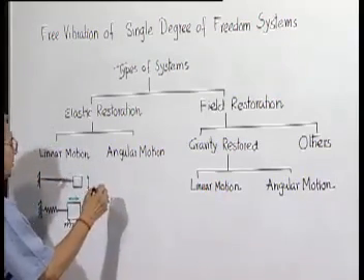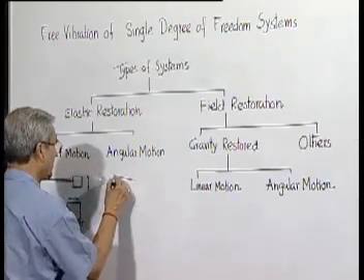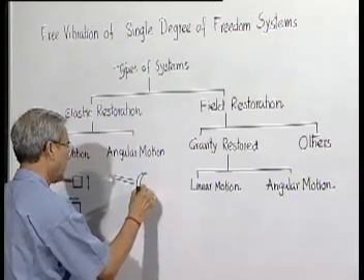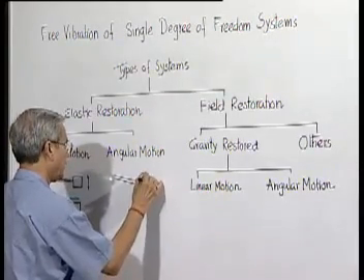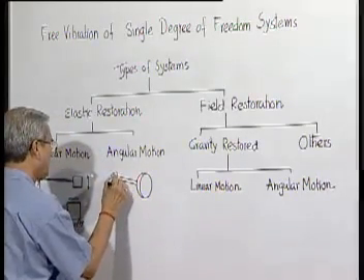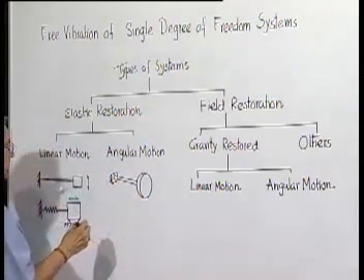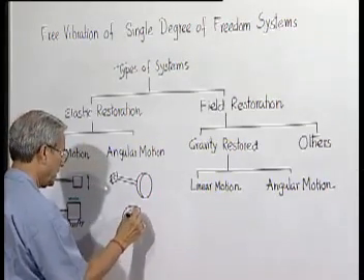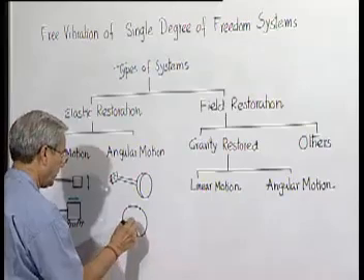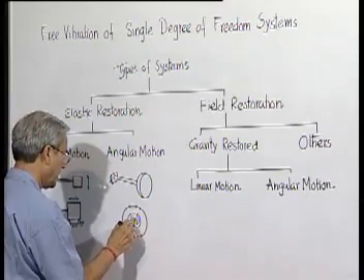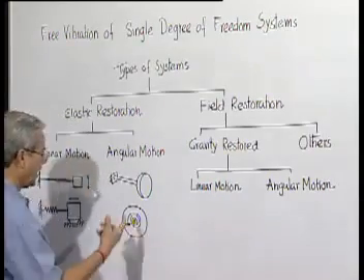In case of angular motion, it is something like this: a disc mounted at the end of a shaft, the other end of the shaft being rigidly mounted, or simply a model we can have is a torsional spring and an inertia.